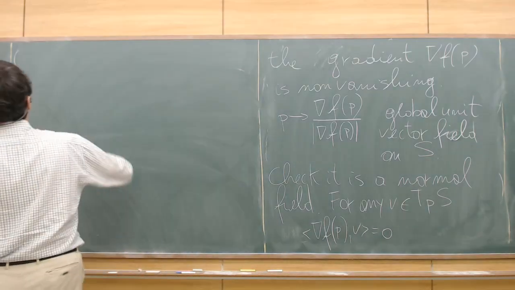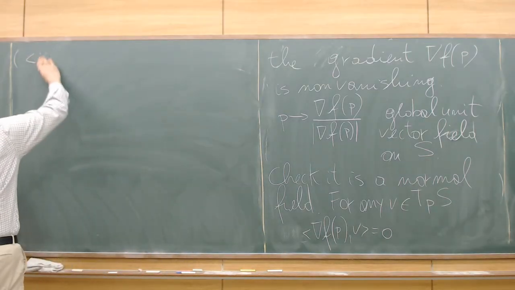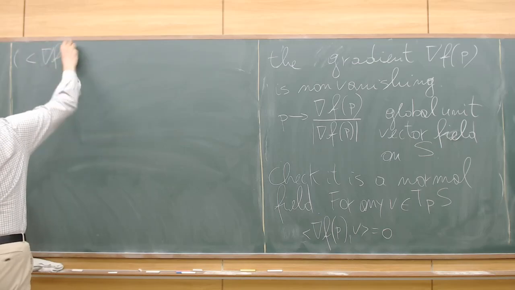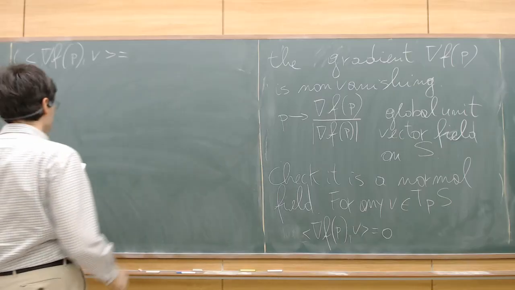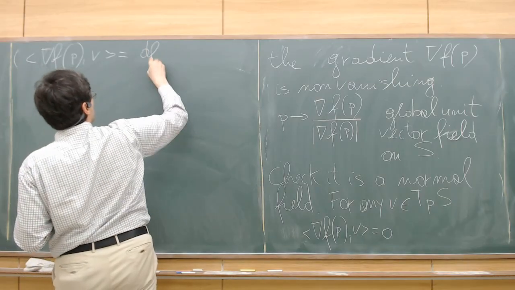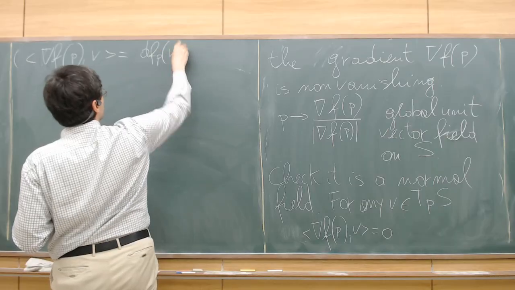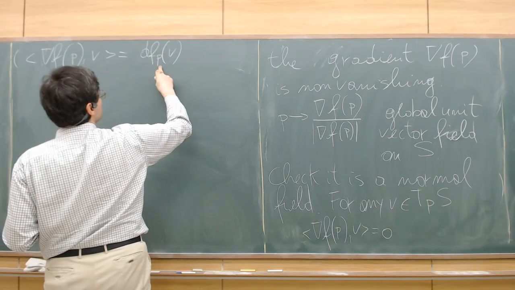Okay, the inner product of the gradient and v is equal to the derivative of f at p evaluated at v.